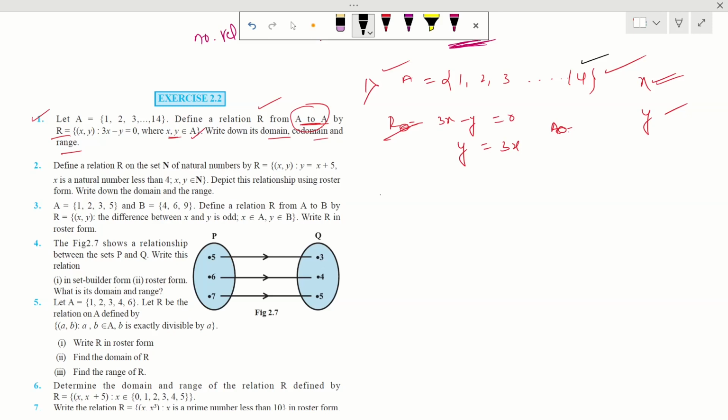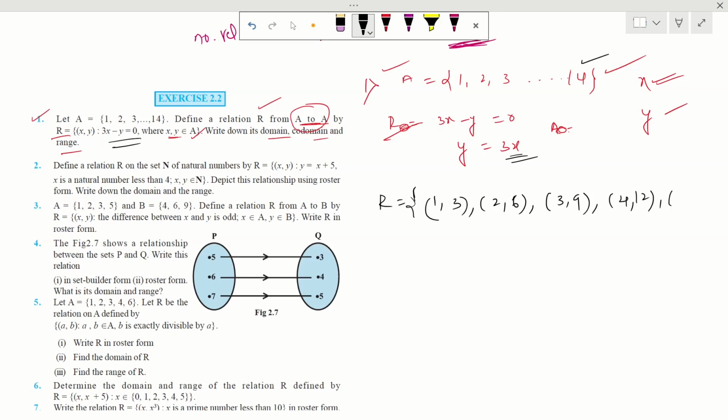When we write the relation according to this condition, we put x equal to 1, so 3 into 1 is 3. Then when we put the value 2, 3 into 2 is 6. When we put 3, 3 times 3 is 9. When we put 4, 3 times 4 is 12.